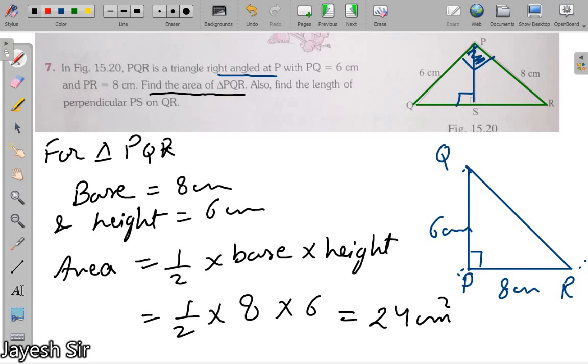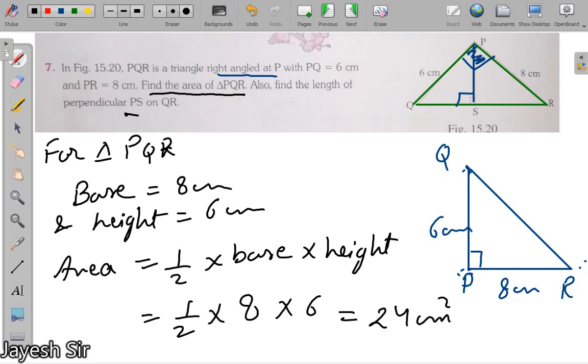Second part is also find the length of perpendicular PS on QR. Now, like we did in the parallelogram, we can also say that for any triangle, whatever we take as the base, whatever we take as the perpendicular, if that perpendicular is on that base, then the area of triangle will remain constant.